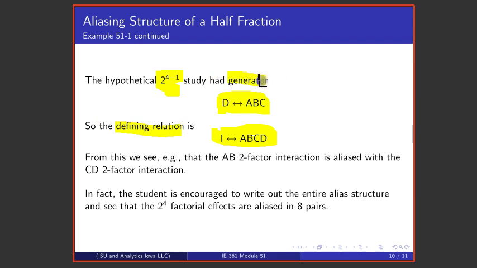As I say, this is the generator. This thing says how the plan was set up in the first place. And then if I take this defining relation and multiply both sides by A and B, I've got AB on the left, I'll have CD on the right, and we see that in this context, the AB two-factor interaction is aliased with, is indistinguishable from the CD two-factor interaction.